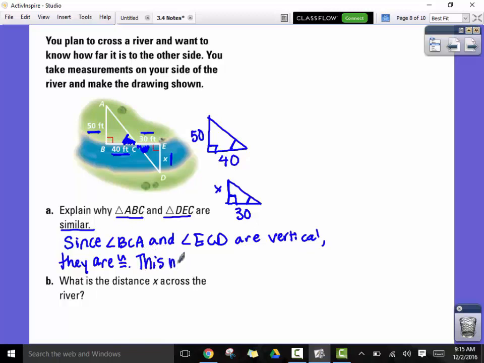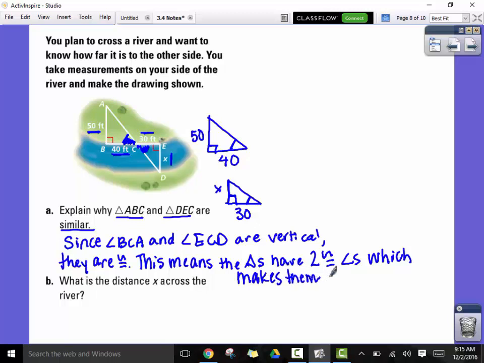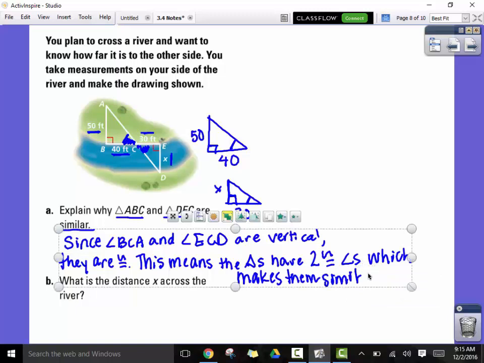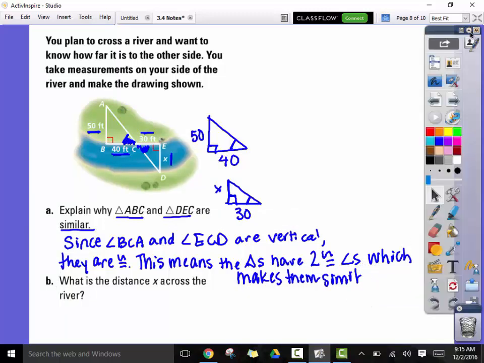This means the triangles have two congruent angles, which makes them similar. Because remember, all we need are two congruent angles because automatically the third angle is congruent.